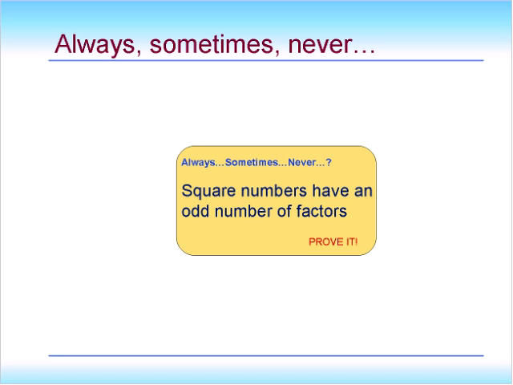Again, if you're not sure on this one, how could you prove it? I think the best way of proving it is to take square numbers one at a time and count the factors they have. Does it always come out that they have an odd number?